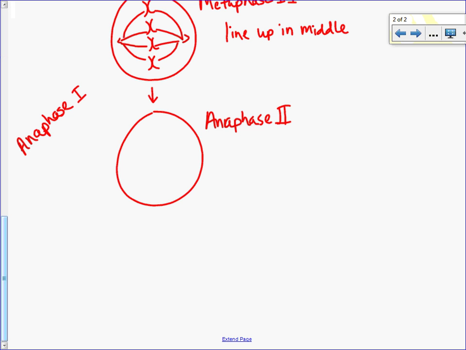Anaphase 1, we had the homologous chromosomes being pulled apart. This time, this is like mitosis, where we have the sister chromatids being pulled apart.